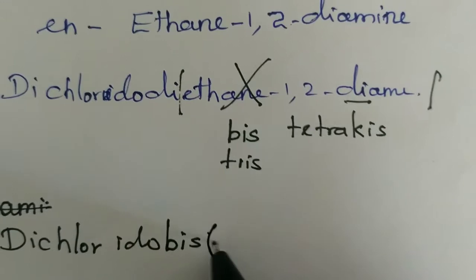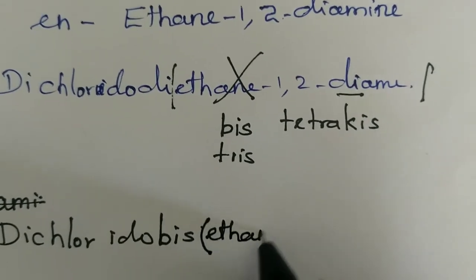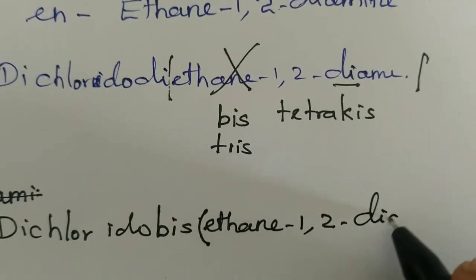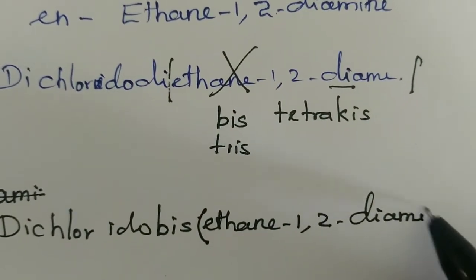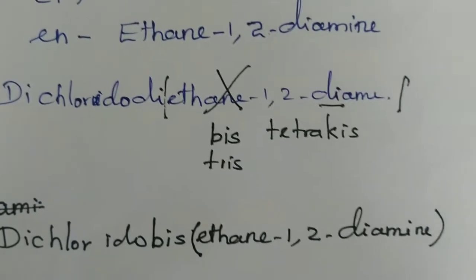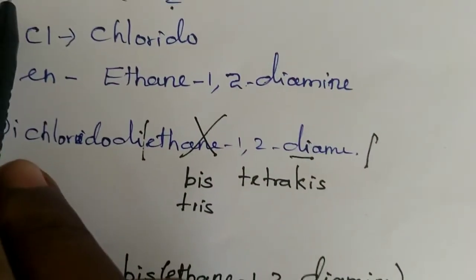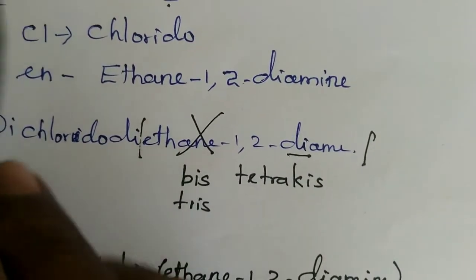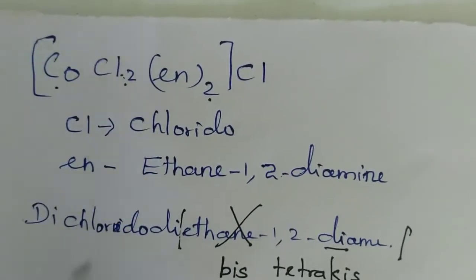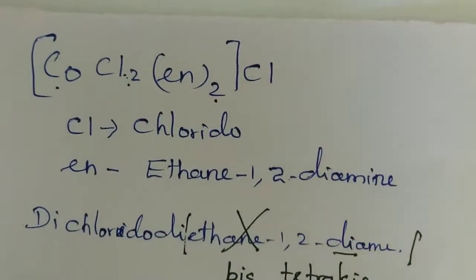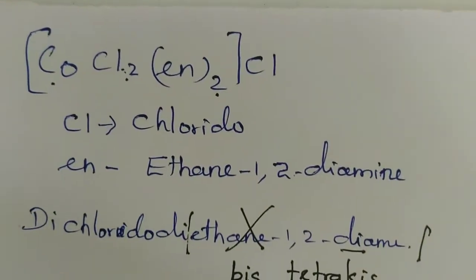Inside the bracket, you have to write ethane-1,2-diamine. Now close the bracket. Now you have to write the name of the central metal atom. Which is the central metal atom? Cobalt. Since it is the central metal atom of a cationic part, its usual name is given, that is cobalt.